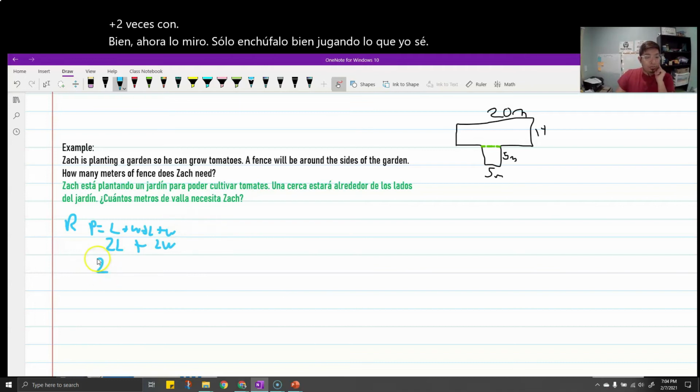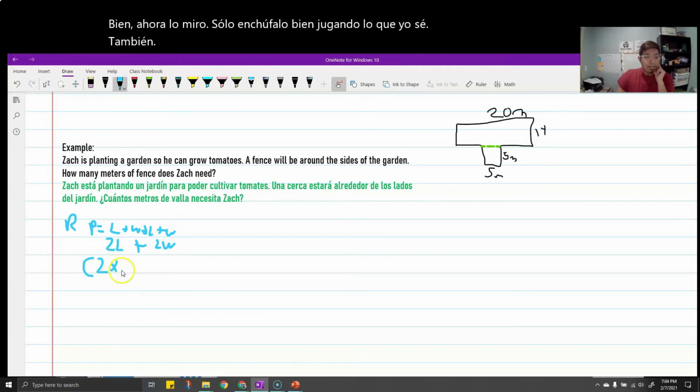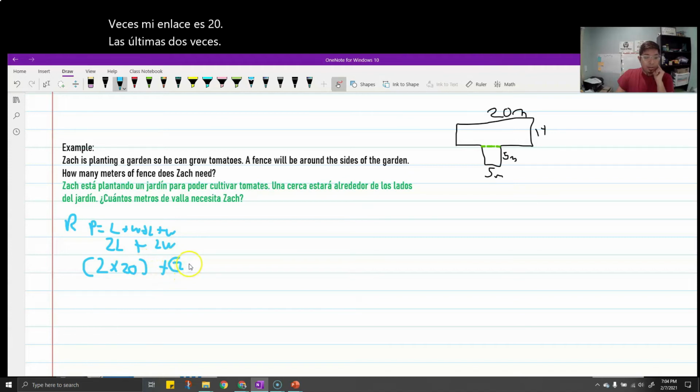So 2 times my length, which is 20, plus 2 times my width, which is 14. 2 times 20, I know that's easy, that's 40. Plus 2 times 14, what is that? 28, good.